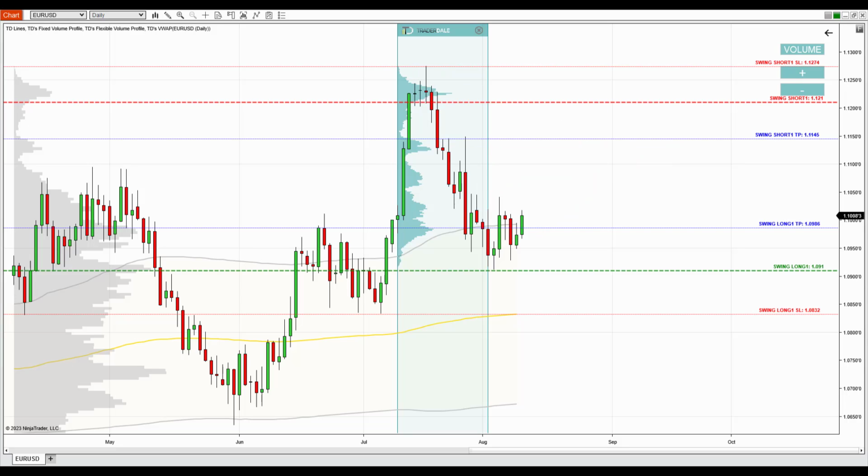I'm trading my swing trades with alternative stop loss method. This is a method which says that basically I quit the trade if the daily candle closes past that stop loss, which is in here. So daily candle needs to close above that level for me to close that trade.